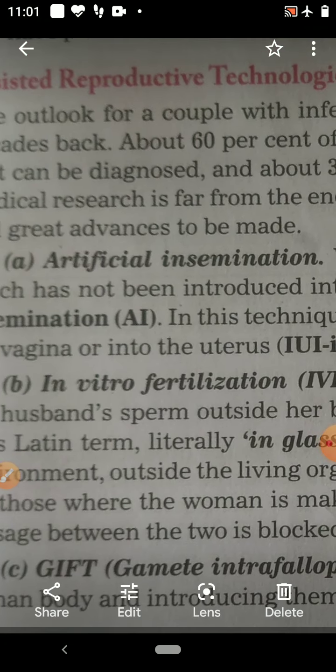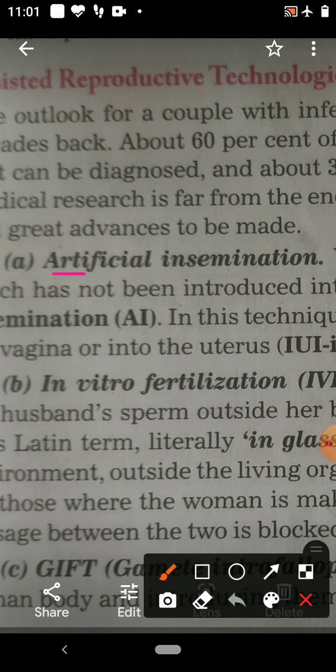So in that, first one is the artificial insemination. What happens in the artificial insemination? In this, semen is deposited into the vagina or uterus of the female with a syringe.